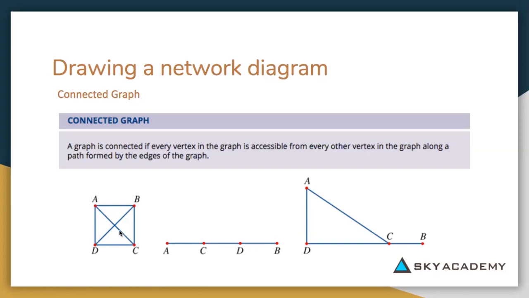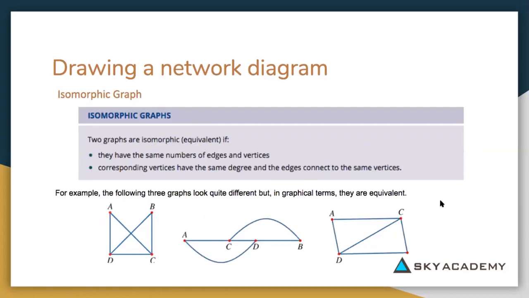Now an isomorphic graph is where you are comparing networks which may look different, but in terms of their edges, their vertices, and their degrees, they are the same. For example, let's have a look at these three network diagrams down here. Firstly, you would count up how many edges there are.